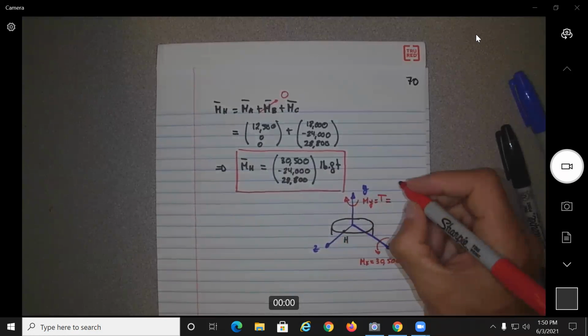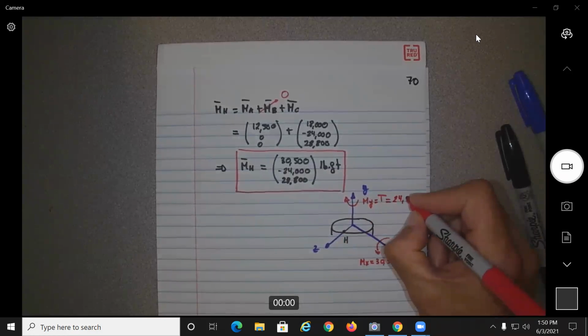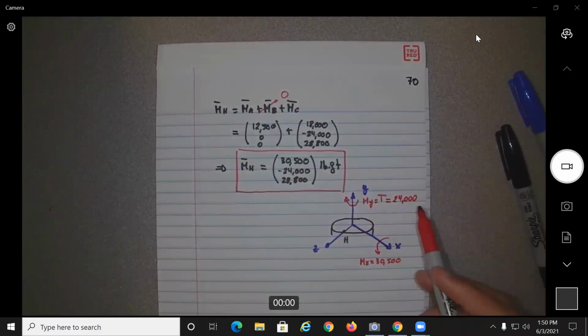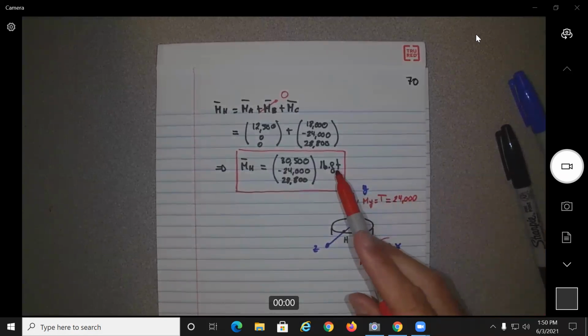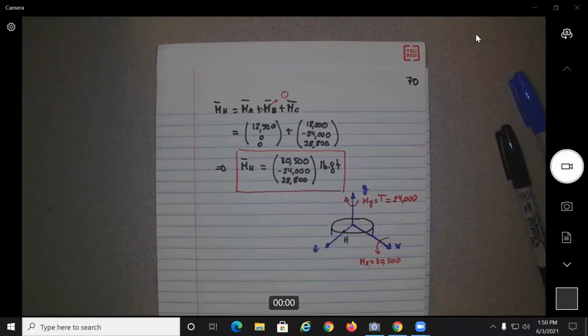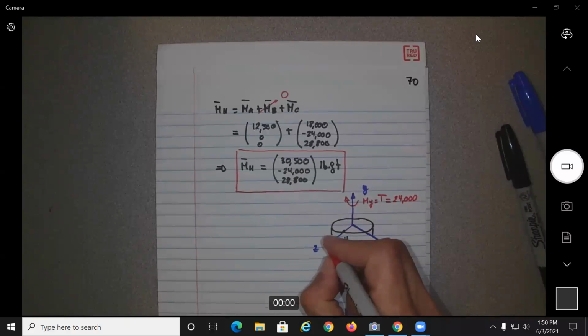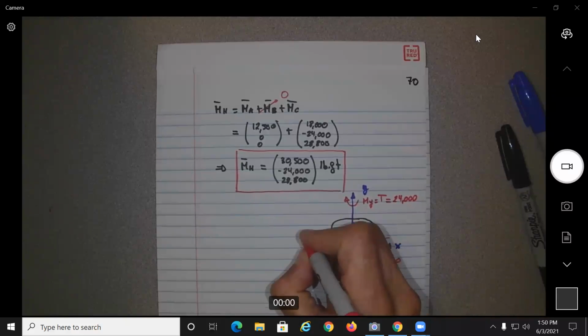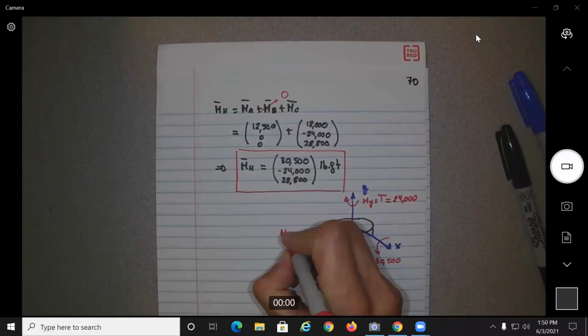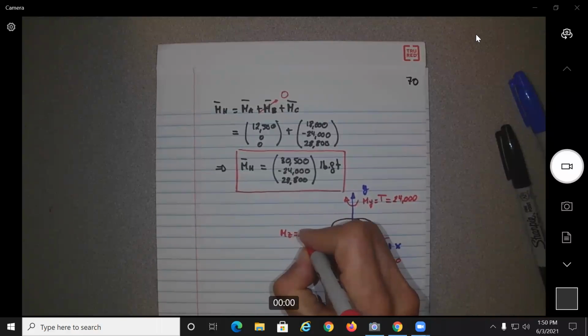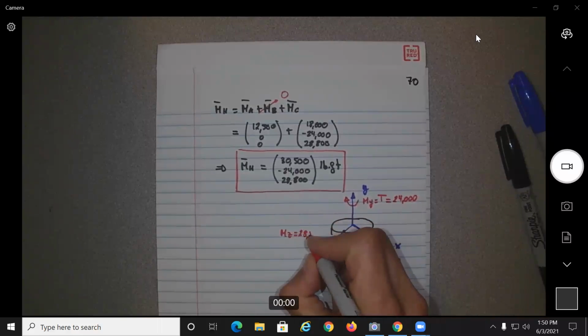And this one is equal to 24,000. As you can notice here, I dropped the sign because why? The sign is already on the direction, no? All right. And then the last one, Z, that one is positive. So that one should be going counterclockwise. So M of Z here will be equal to 28,800.